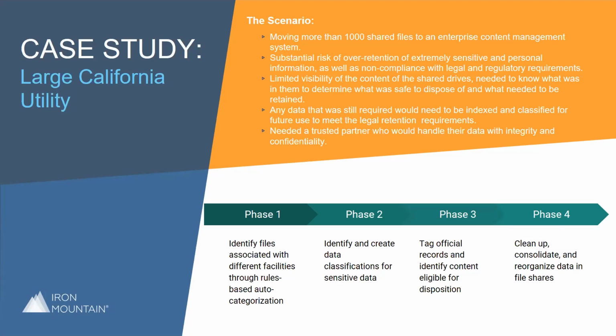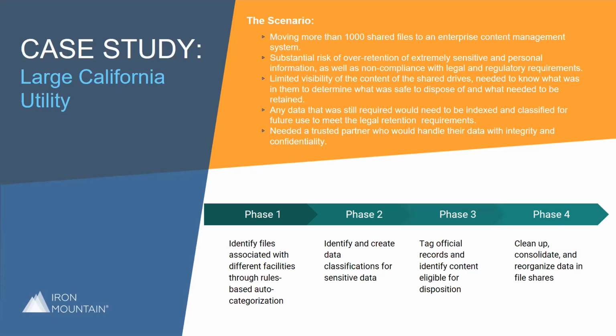The next phase was to then create data classifications for sensitive data. So once we knew what was out there, we could look at it more discreetly to identify what of that information was sensitive, because that was going to be critical, especially with the advent of CPRA in California.